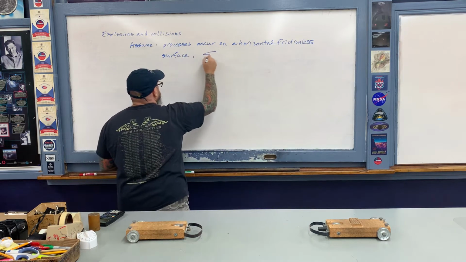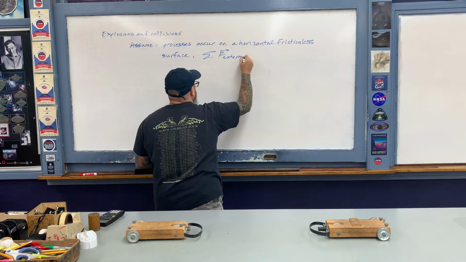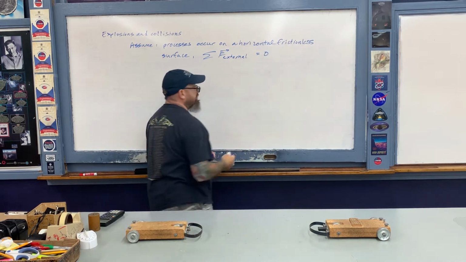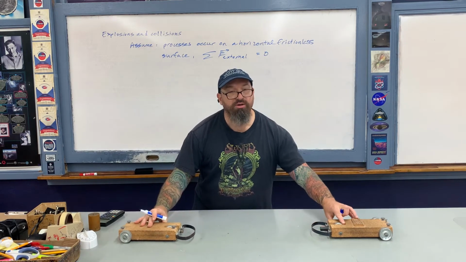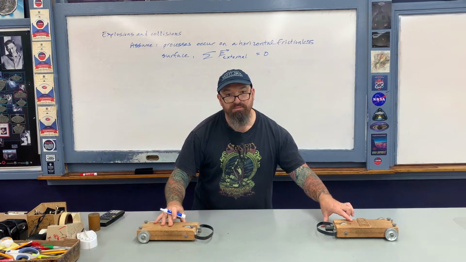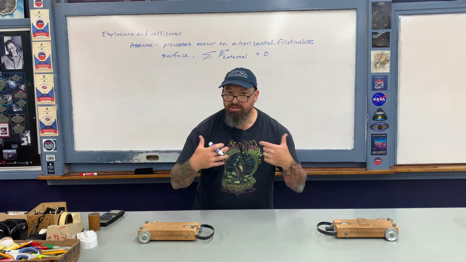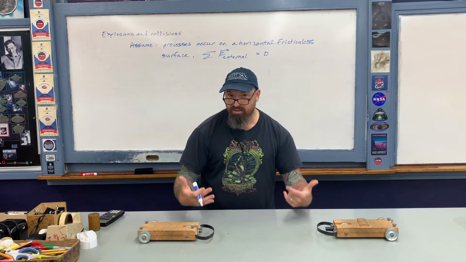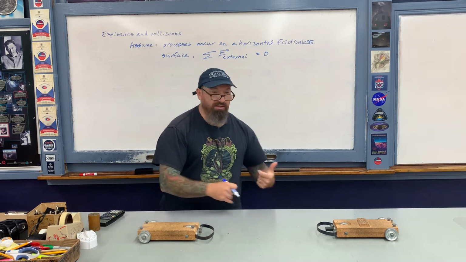This then means that the sum of the external forces acting on the system as a whole is equal to 0. And as I said, let's picture a collision. There's a total amount of momentum before the collision, and there's a total amount of momentum after the collision. The two quantities are equal to each other because the total momentum of the system is a constant. It's a conserved quantity. So here's then how we begin to write this out.